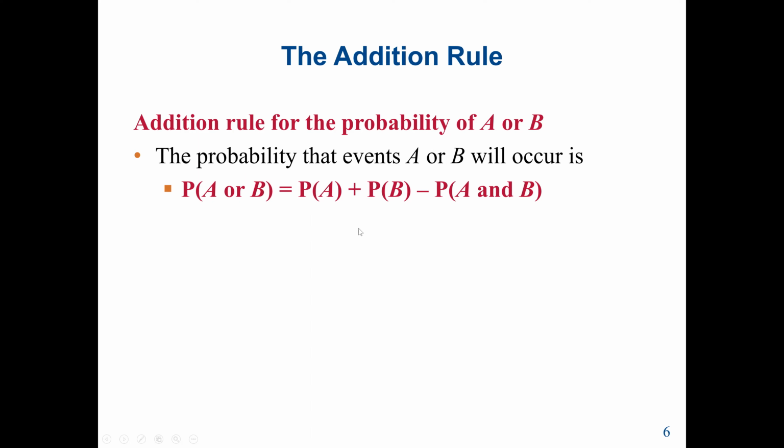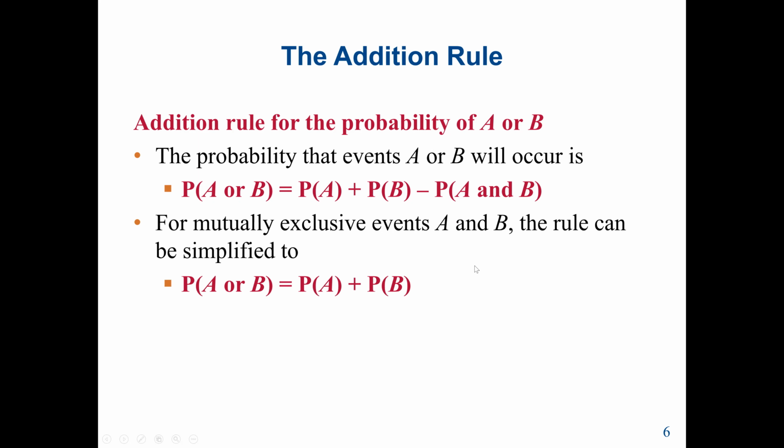Now for mutually exclusive, which means events A and B cannot occur at the same time, the rule can be simplified: probability of A or B is equal to probability of A plus probability of B.